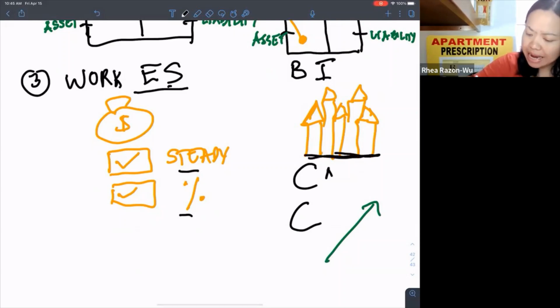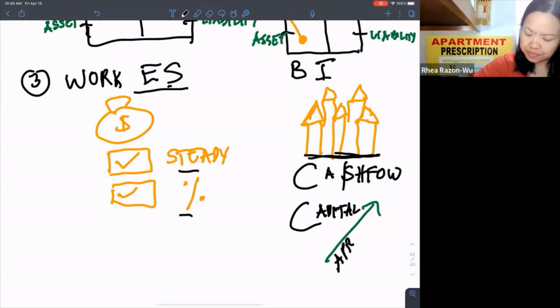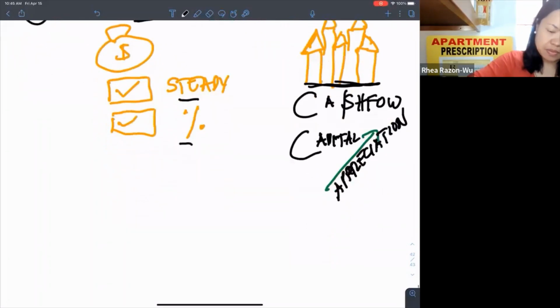They work for cash flow, and they work for capital appreciation. That's the third difference.